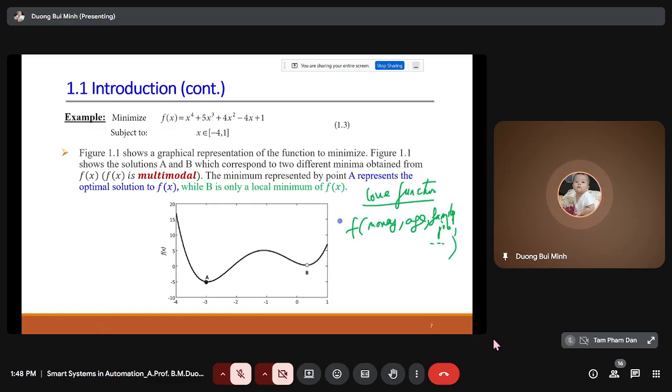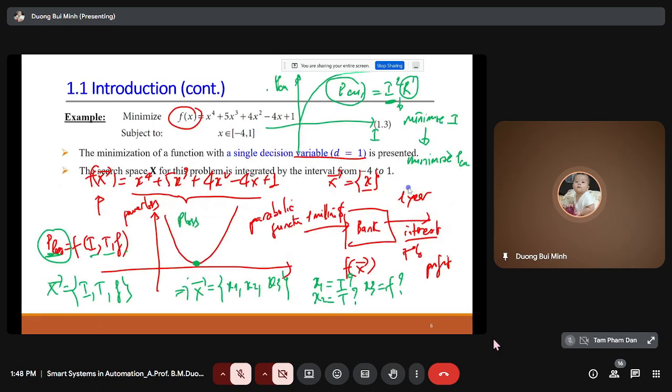If you can develop the love function, you can apply an optimization method to answer the question whether he or she loves us. But this is not a real application because we don't have a love function. So come back.